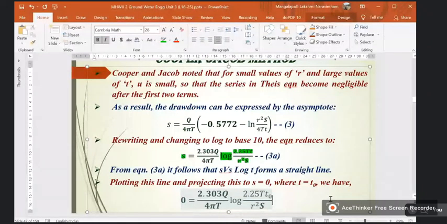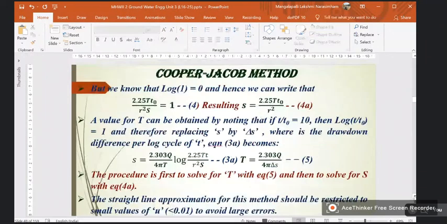On the left hand side, if you replace it by log 1, we will get this expression.